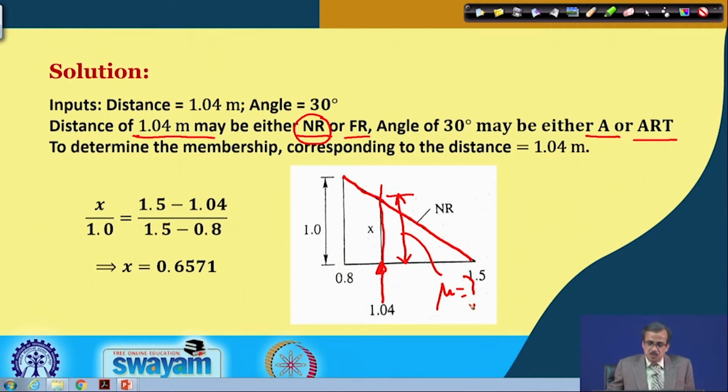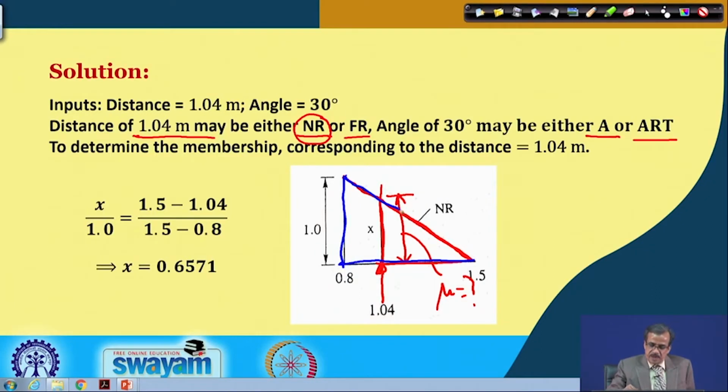Now, what we do is we use the principle of similar triangle. If I consider this as one triangle, and another triangle something like this, these two triangles are actually similar.